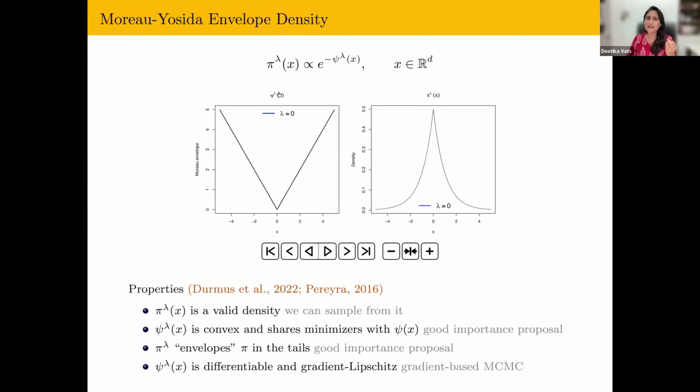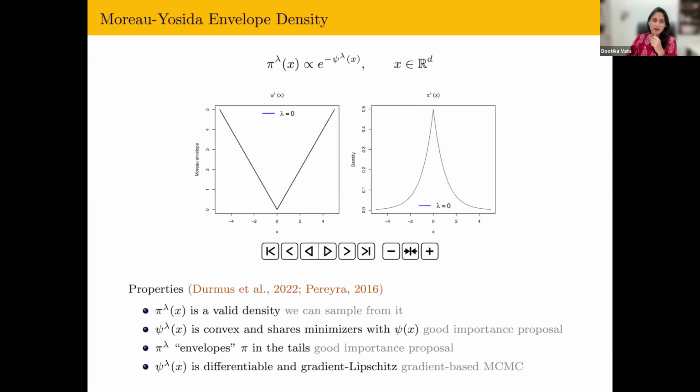So the key properties of pi lambda x, which were highlighted together in Durmus et al. 22 and Marcelo Pereyra's paper from 2016, are that pi lambda x is actually a valid density for all lambda. So for us, this means that we can sample from it. Psi lambda x is also going to be convex and shares minimizers with psi of x. Now, this tells me that this can make for a good importance proposal because I will have mode matching.